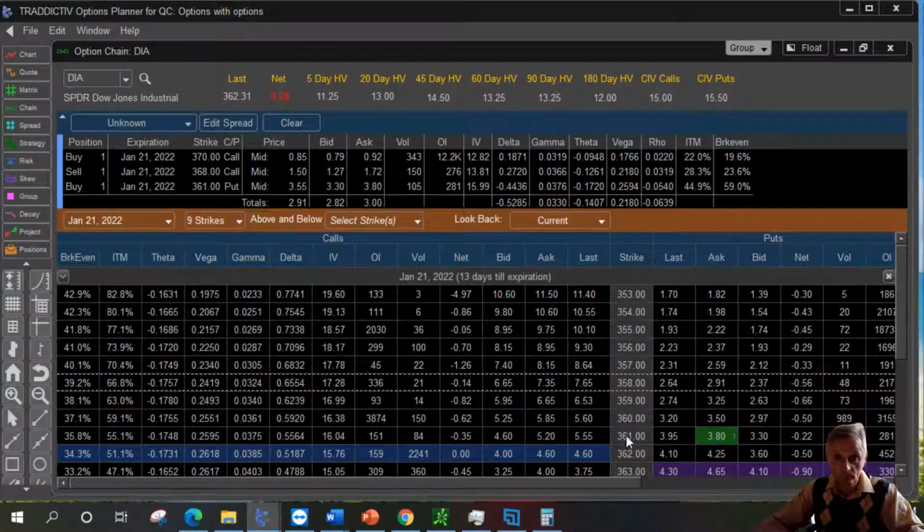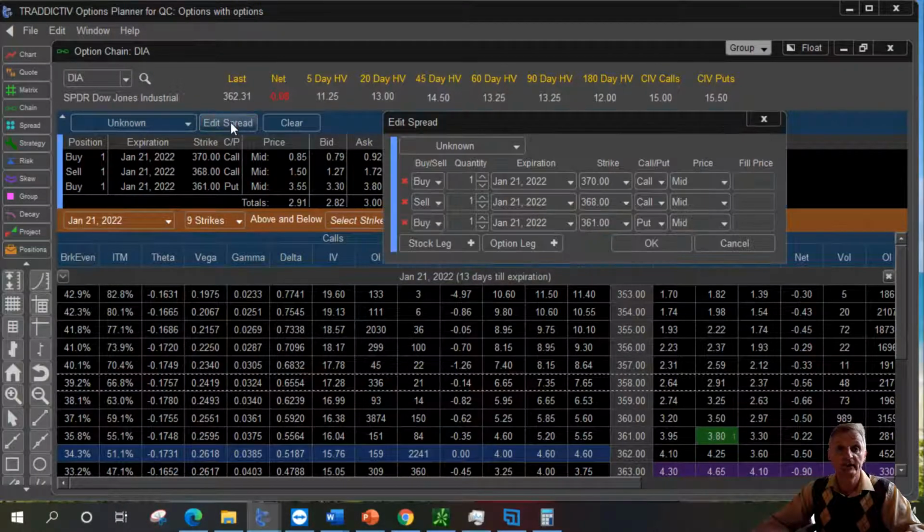That's the one that I want to finance. I'm going to the edit spread and changing the value to 5 contracts on each of them. That means 5 bear call spreads should be paying for the one put of the 361.